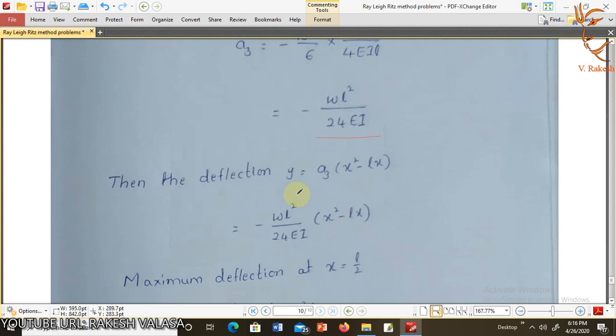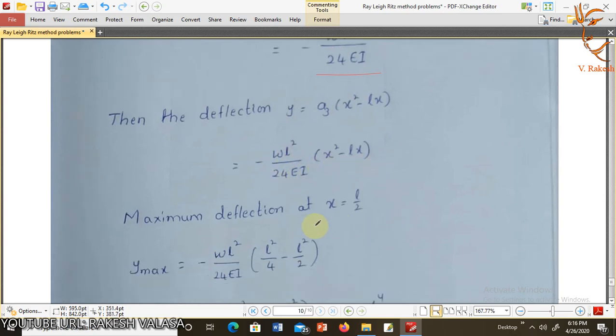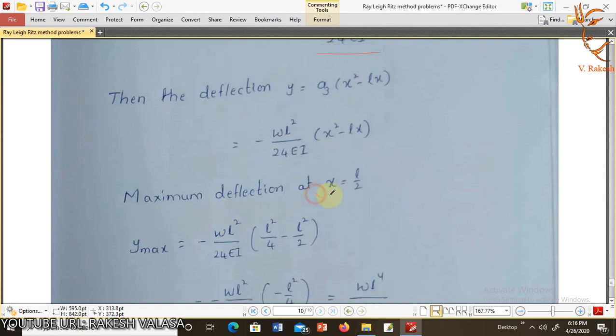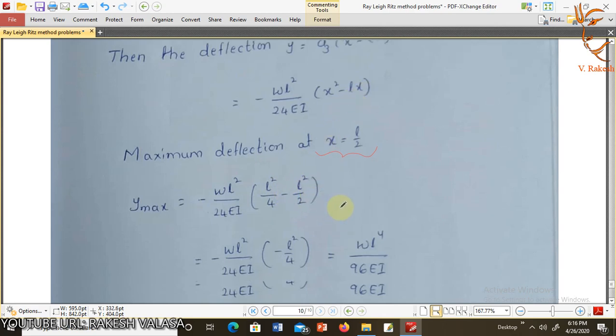The deflection is y equals a3 into x square minus Lx. Now substitute a3: minus WL square by 24EI into x square minus Lx. For getting maximum deflection, take x equal to L by 2, that is y max equals minus WL square by 24EI into L by 2 whole square, L square by 4, minus L into L by 2, that is L square by 2.